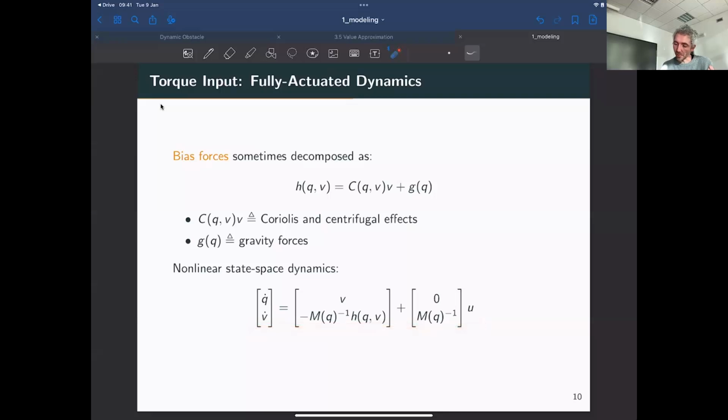This way of writing it makes it explicit that we have a linear dependency on U, because U appears linearly, whereas we have a non-linear dependency on Q and V. This fact that the dynamics of a multi-body system is linear with respect to U is going to be actually a key factor for the control methods we're going to develop.